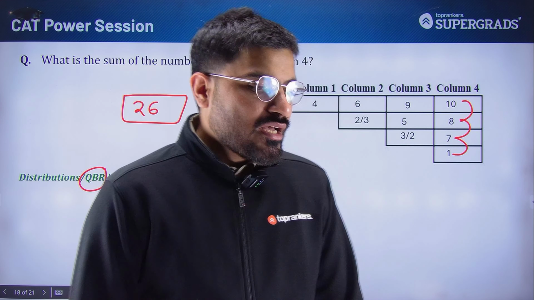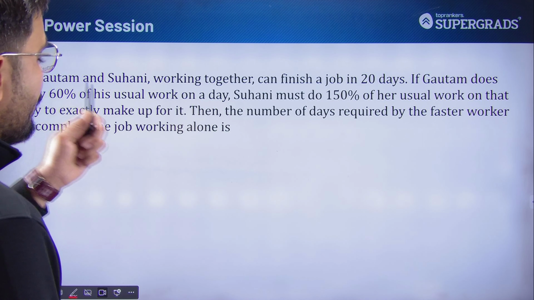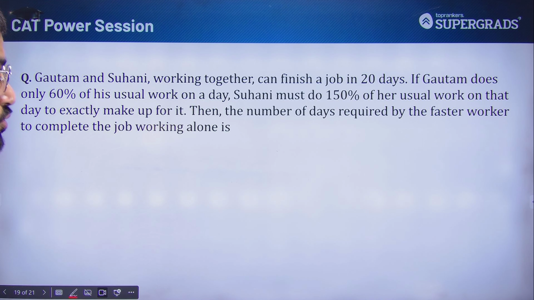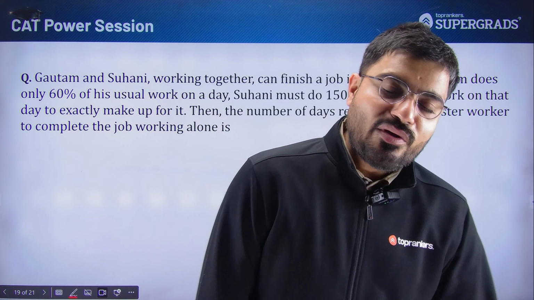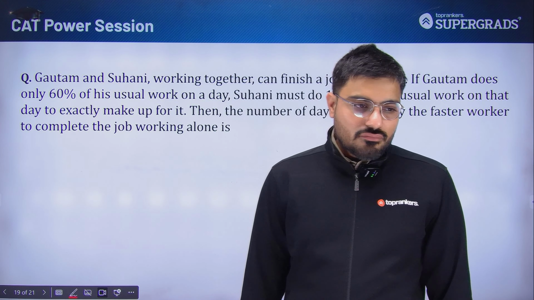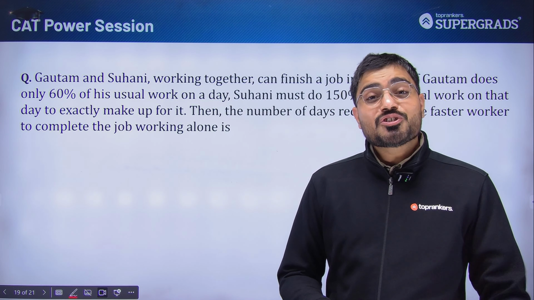With this, let's have the next thing. Gautam and Swani working together can finish a job in 20 days. If Gautam does only 60% of his usual work on a day, Swani must do 150% of her usual work on that day to exactly make up for that. Then the number of days required by the faster worker to complete the job working alone is... This language seems very complicated. But guess what, this is a question from QA.